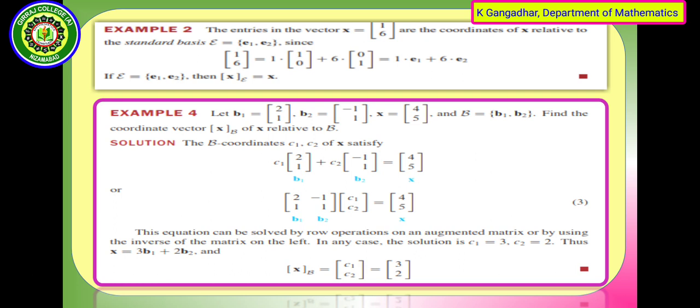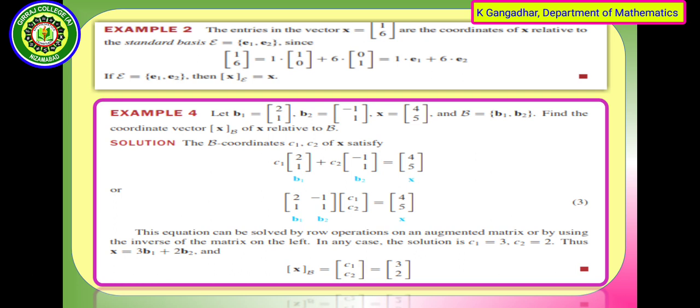So now the next problem. Let b1 equal to (2, 1), b2 equal to (-1, 1), x equal to (4, 5), and B equal to {b1, b2}. Find the coordinate vector [x]_B of x relative to the basis B. Here, coordinate vector means we write the x value as a linear combination of the vectors b1, b2.